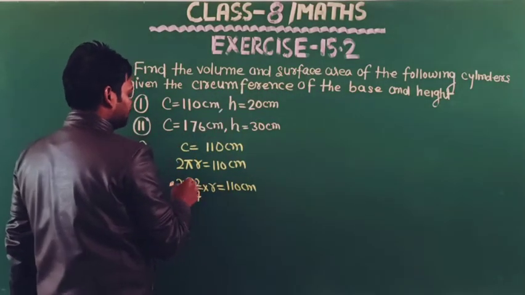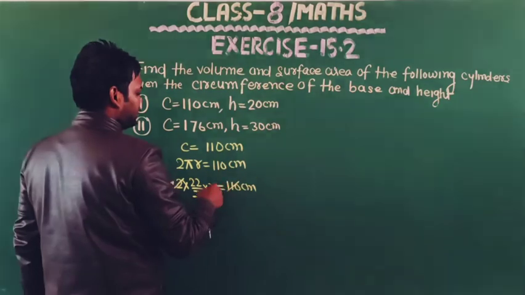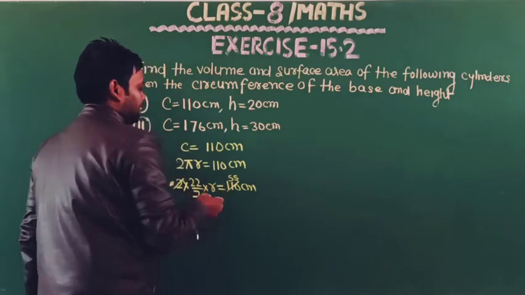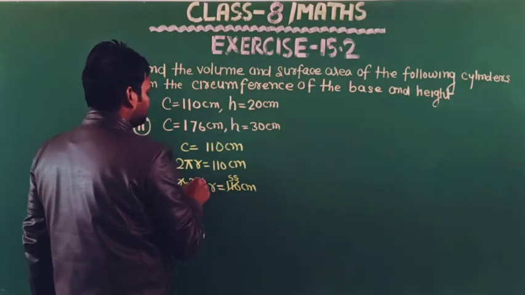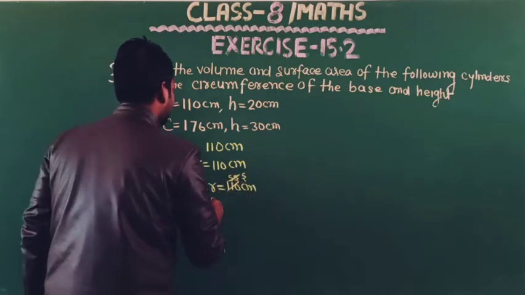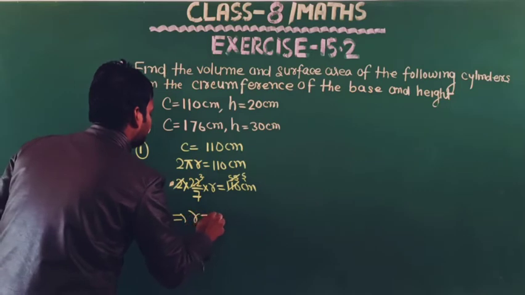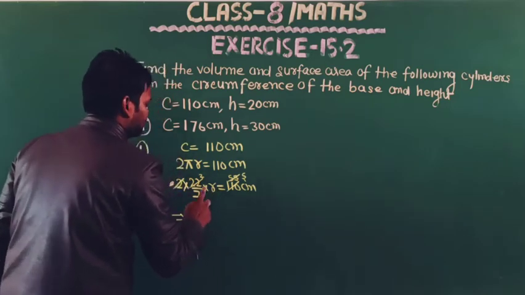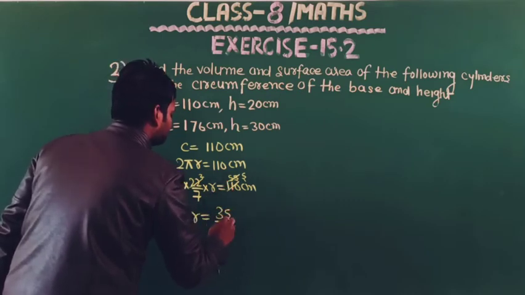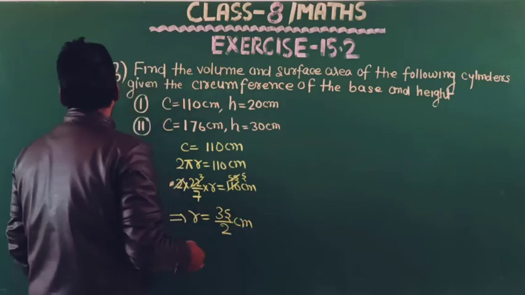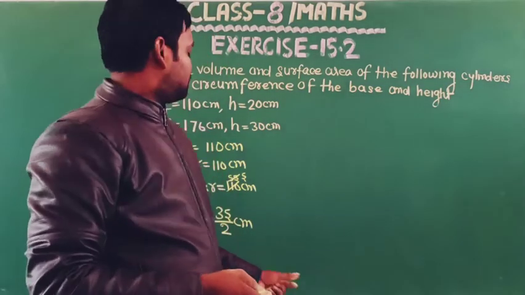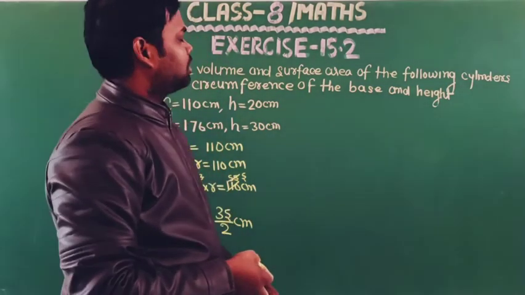Now simplify. 110 divided by 2, so 2 5s are 10, 2 5s are 10, and 11 2s are 22, and 11 5s are 55. After simplification we will get the radius r equal to 7 into 5, 35 by 2 centimeter. This is the radius of the base.